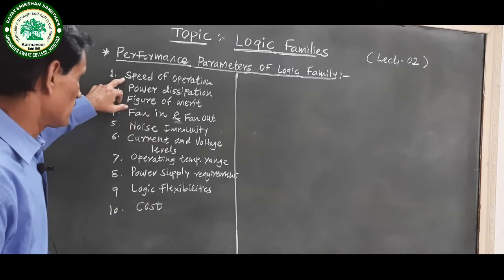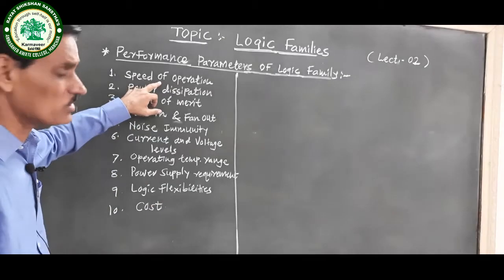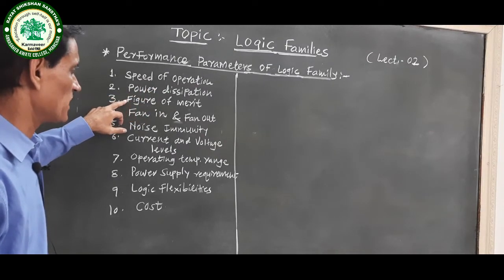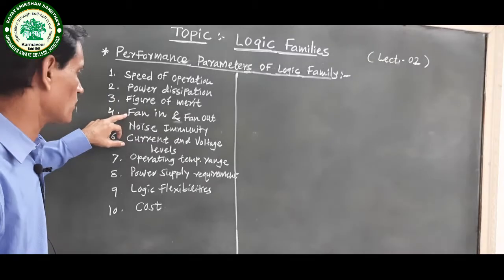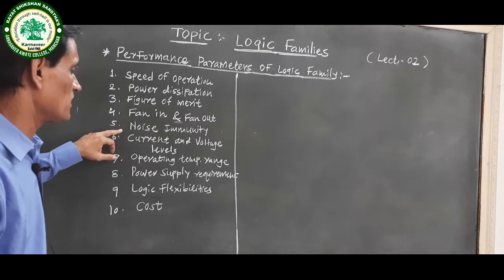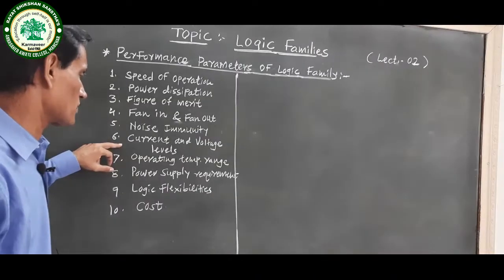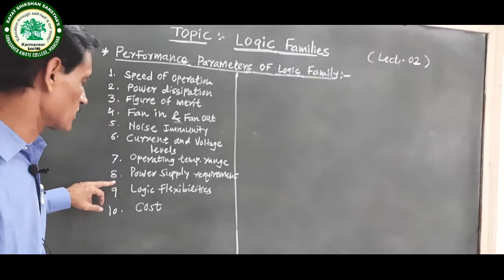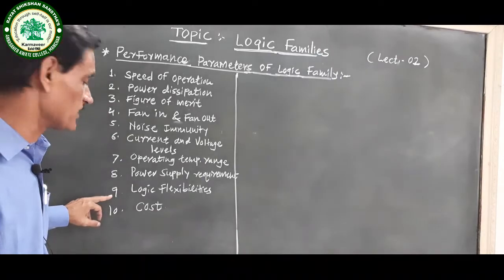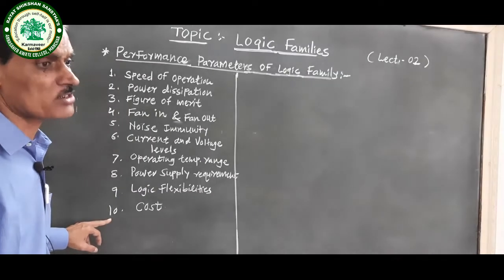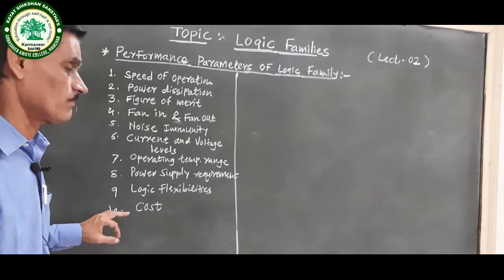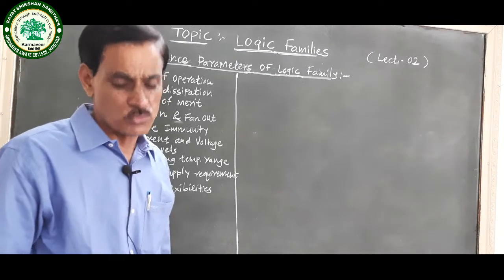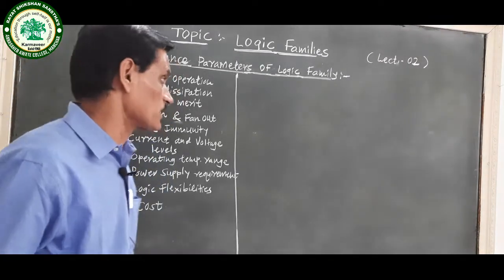Number one is speed of operation, then power dissipation, figure of merit, fan in and fan out, noise immunity, current and voltage levels, operating temperature range, power supply requirement, logic flexibilities available, and the cost of the corresponding family. Now all these different parameters we have to take into account one by one.